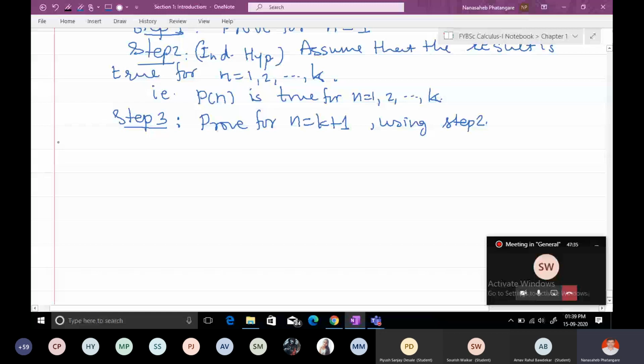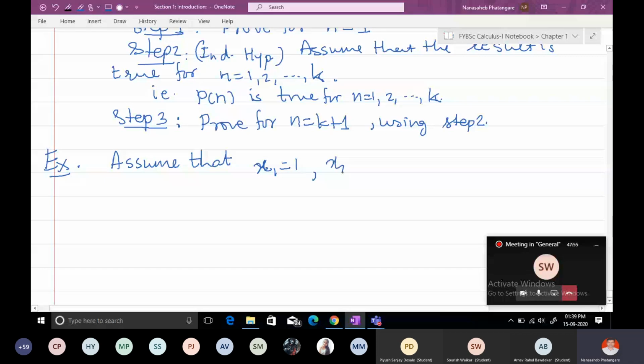Yes. Okay, now let us try to solve some problems so that you can understand. So assume that x1 is equal to 1, x2 is equal to 2, x3 is equal to 3, for n natural number n greater equal 4.